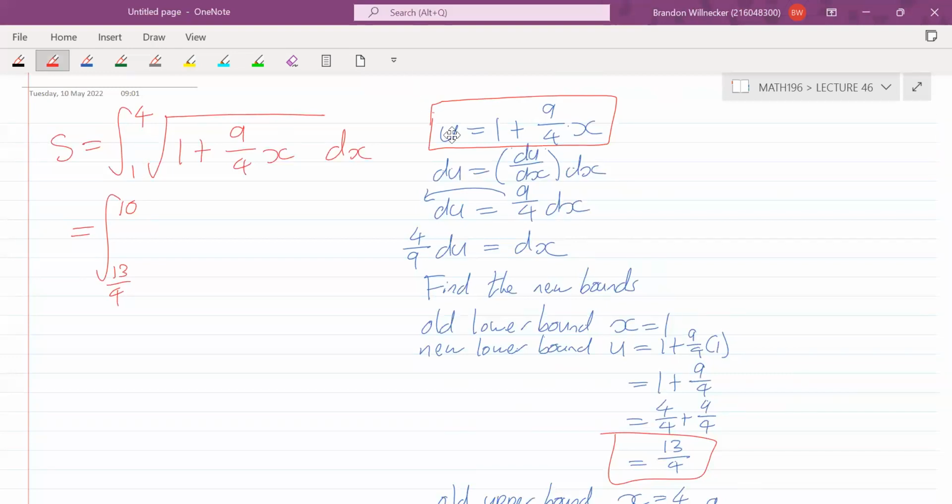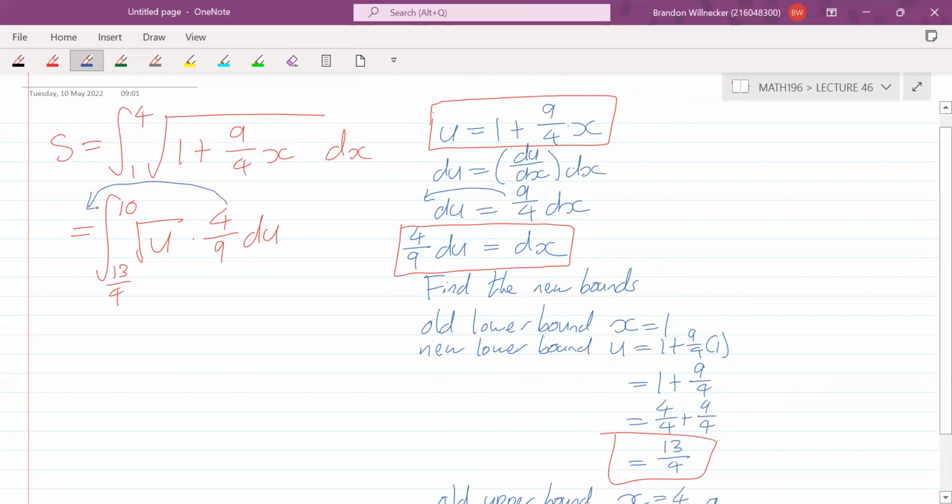Okay, because u equals 1 plus 9 over 4x. So that becomes root u times dx is equal to 4 over 9 du. That's from this step over here. So that's going to be 4 over 9 du. Now 4 over 9 is a constant, so we can take that outside the integral.